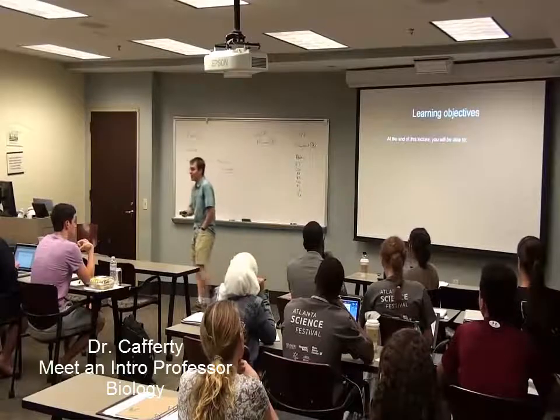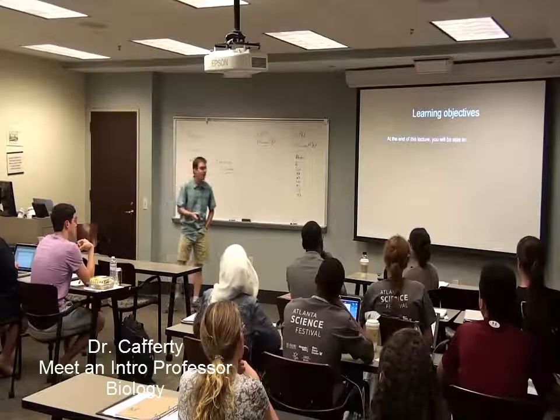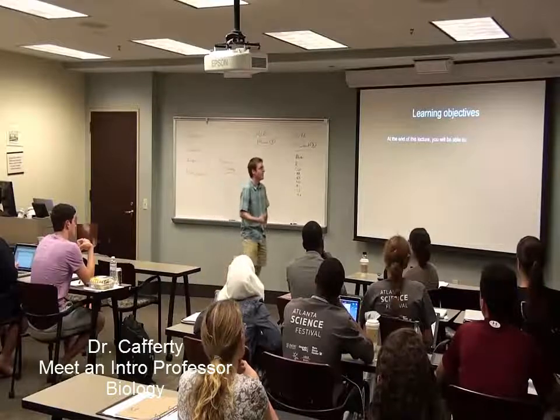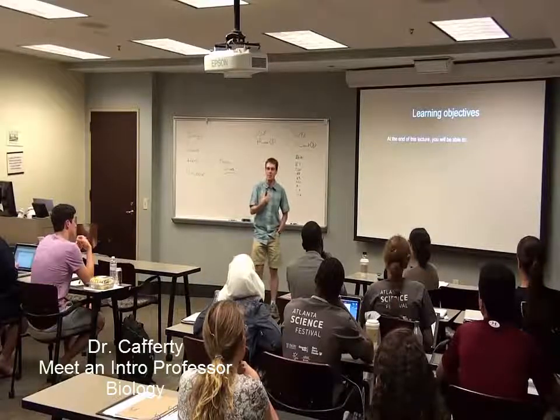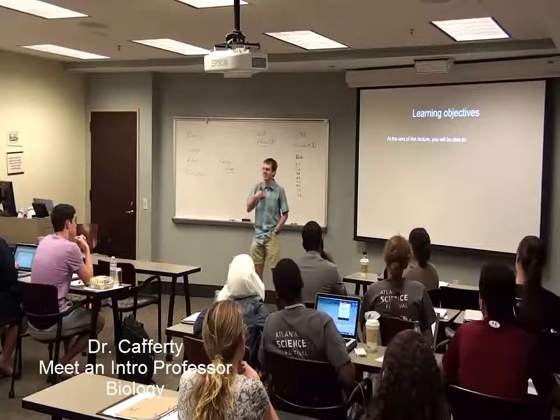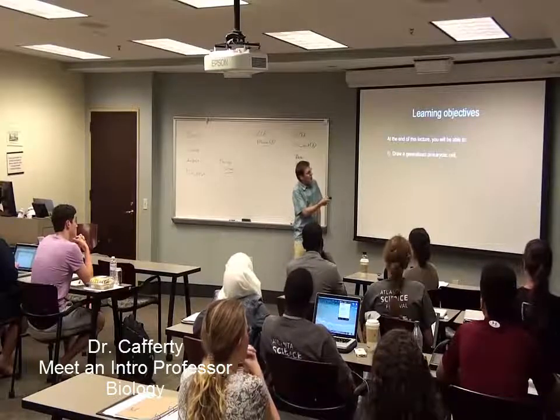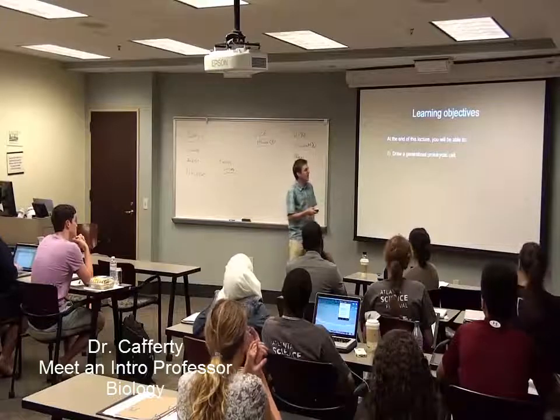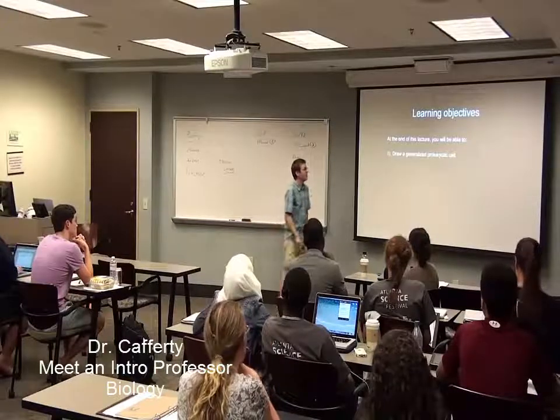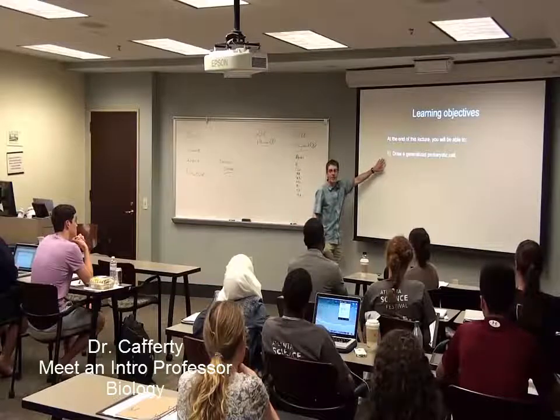At the beginning of every lecture, we start by talking about what it is we want, and by we I mean TAs. What we want you to know are the following objectives. At the end of today, I want you to be able to draw a generalized prokaryotic cell.